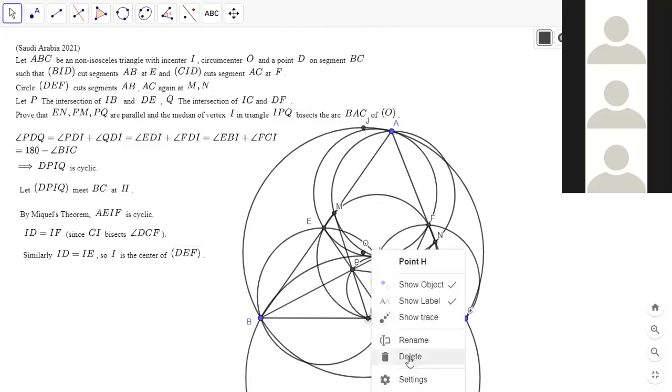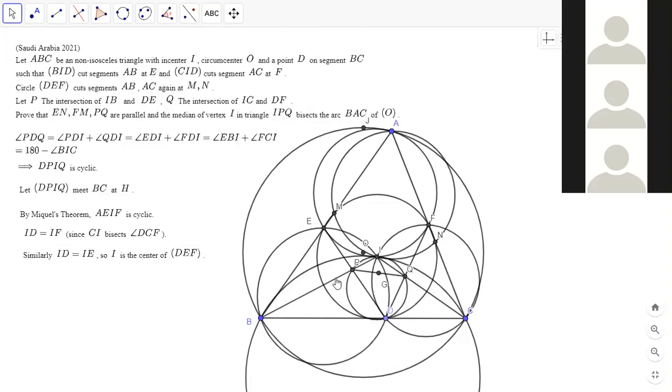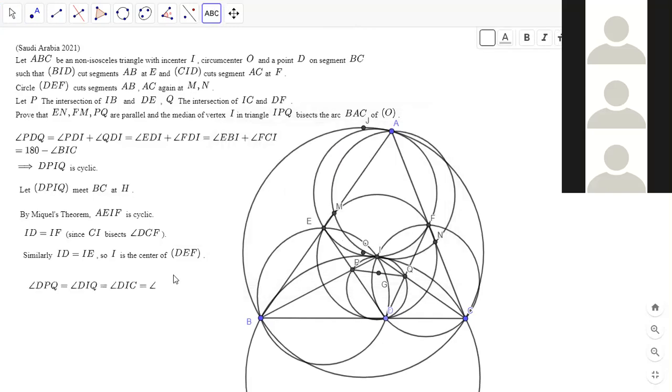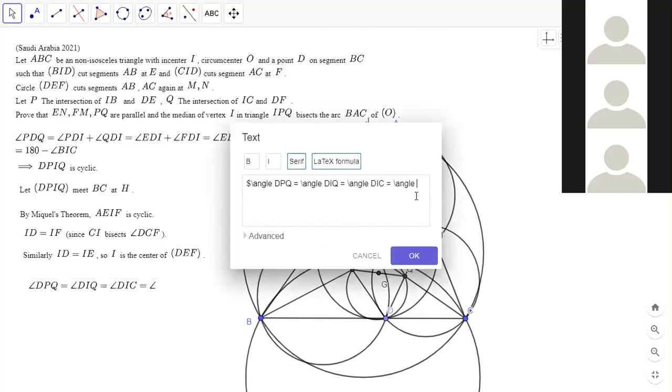Okay, so I'm just going to get rid of point H. So DPQ is DIQ, which is DIC, which is DFC, DFN.